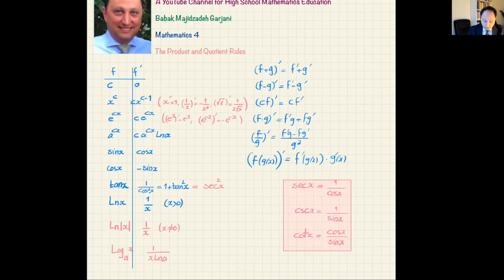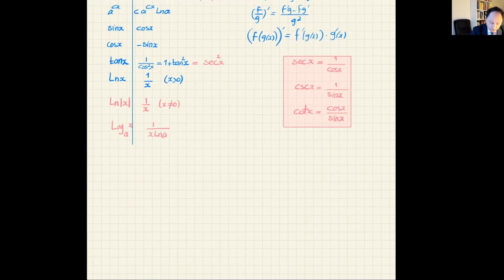Okay, so just let me give you an example of tangent and then we are done. So if I ask you what is the derivative of tangent x multiplied by e to power x.